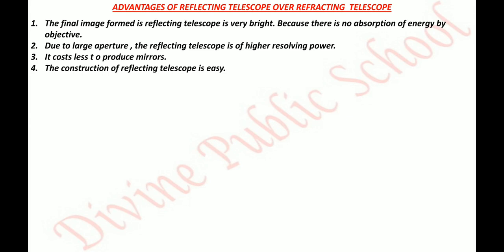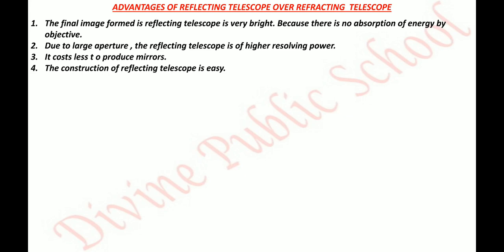The second point is that due to its large aperture, the reflecting telescope has higher resolving power. What is resolving power? It is the ability of an optical instrument to enable us to view two objects distinctly separated when the objects are actually very close to each other. Suppose two point objects are very close to each other. When viewed through a convex lens, if we are able to see them distinctly separated, then we say the resolving power of that lens is high.